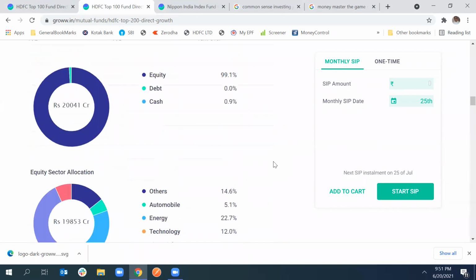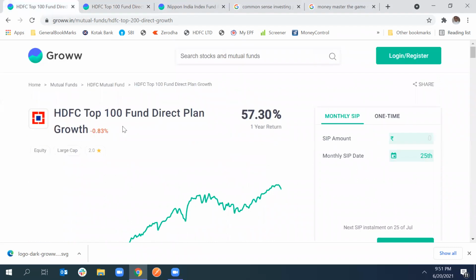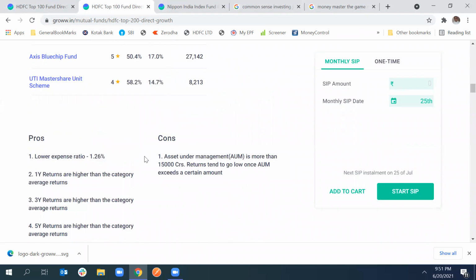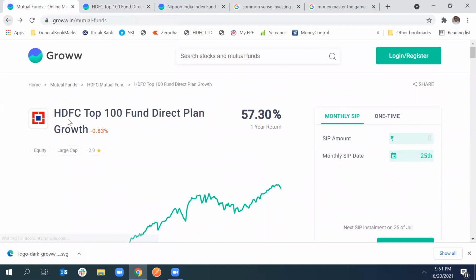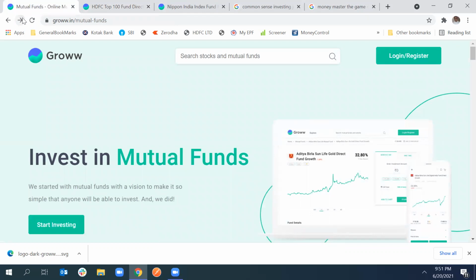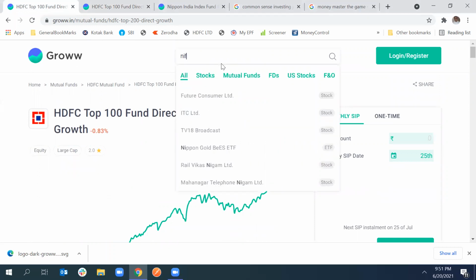This is a regular fund. Why am I talking about the index mutual fund? When we saw this one, the top 100, we saw that. Now we saw this. How to search for the Nifty index fund?